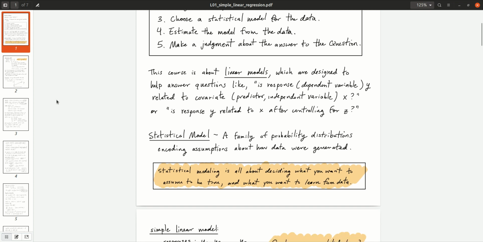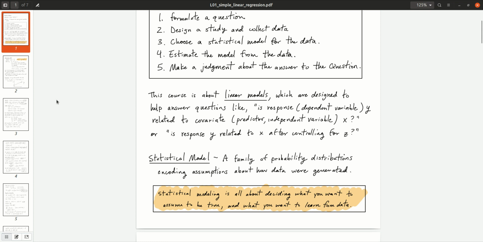Okay, so what is a statistical model? I'm going to define it here to be a family of probability distributions encoding assumptions about how data were generated. And we'll quickly get into some examples of this, but a couple things to note about this definition.